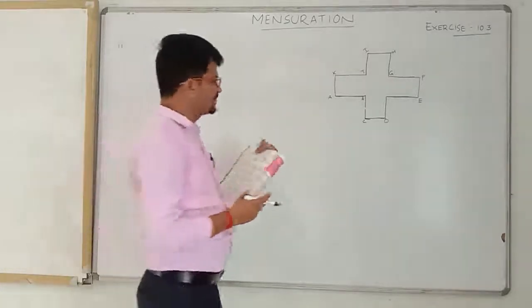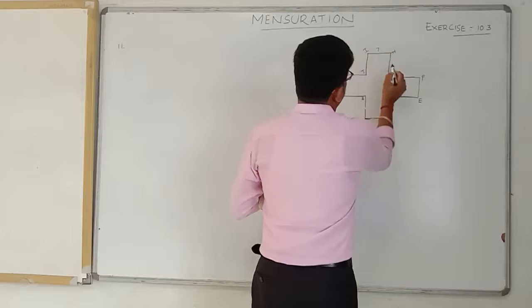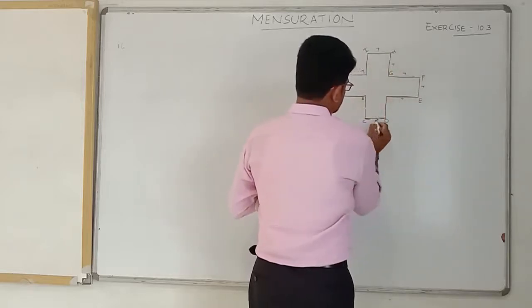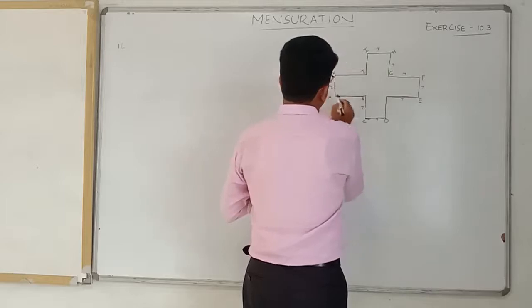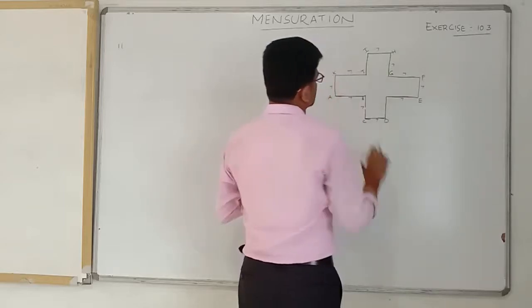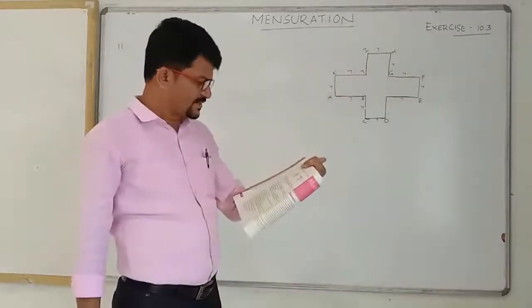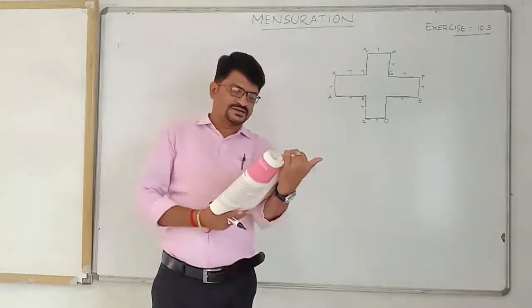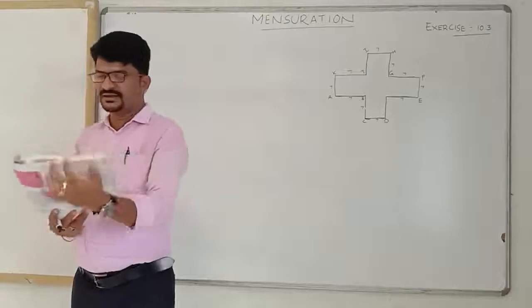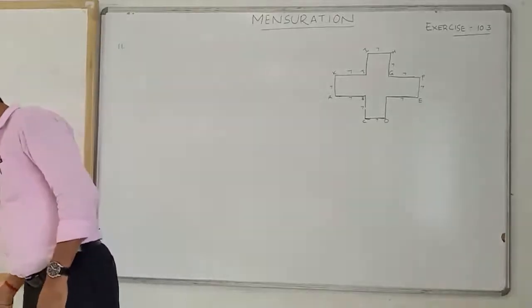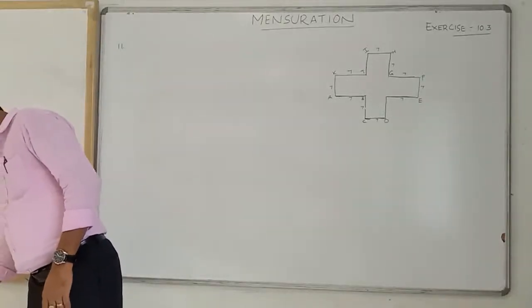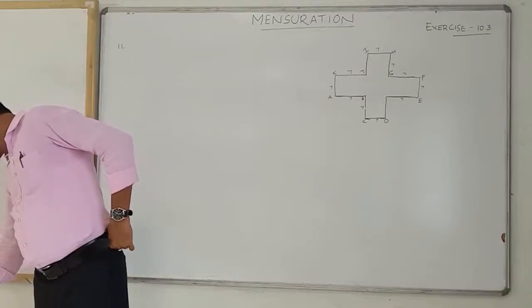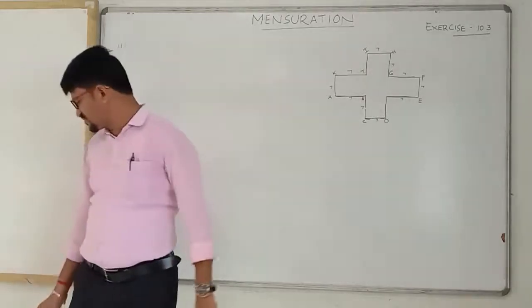Everything must be in 7 only. Here it is 7, here 7, this is 7, this is 7, this is 7, this is 7, this is 7, and it is all 7s only. Okay, all 7. Split the following shapes into rectangles and find their areas. The measures are given in centimeters only.